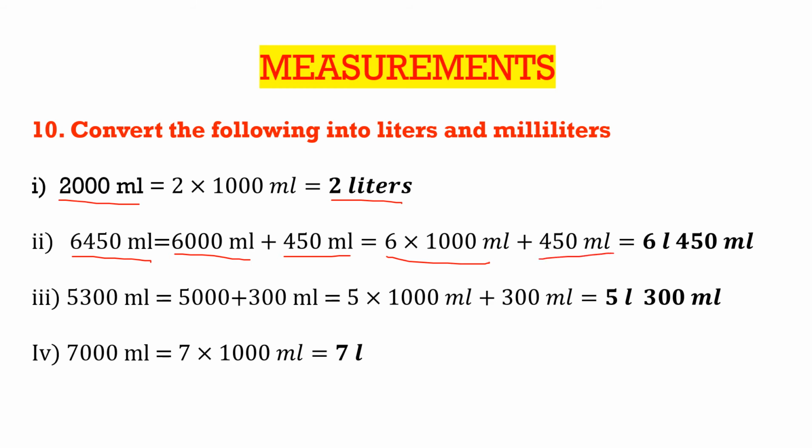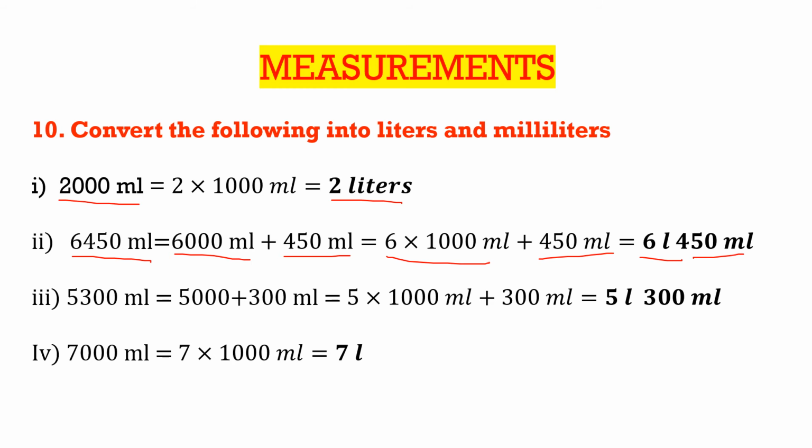We know 1000 milliliter is 1 liter. So 6 multiplied with 1 liter is 6 liter, and 450 milliliter. So 6450 milliliter is 6 liter 450 milliliter.